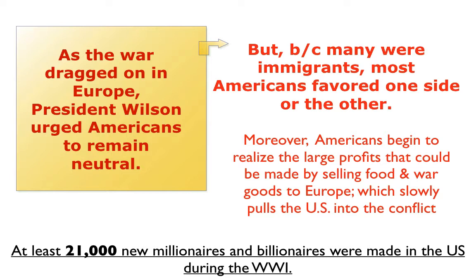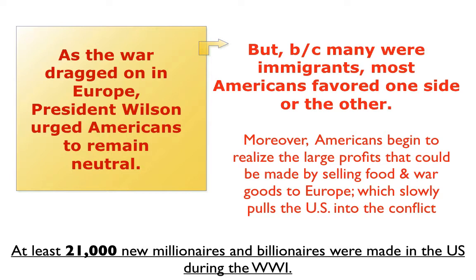And so over the course of time, American businesses slowly get more and more caught up in the conflict, selling munitions, guns, tanks, planes, food even, anything that these nations needed as they were going to war. It slowly starts to entangle the United States economically into the conflict. You see at the bottom, it says at least 21,000 new millionaires and billionaires made in the United States from World War One.